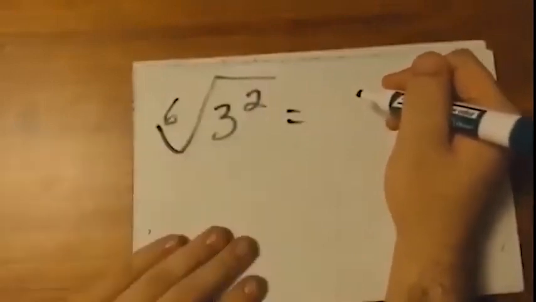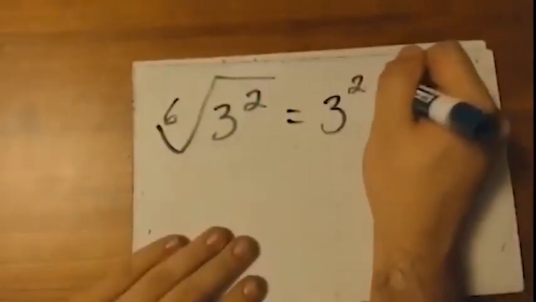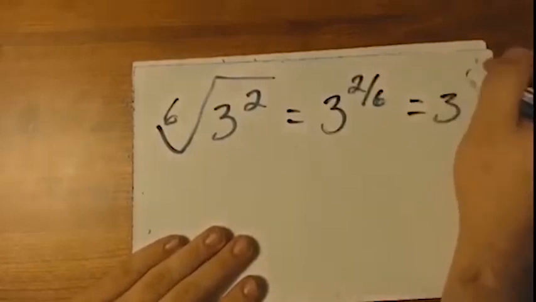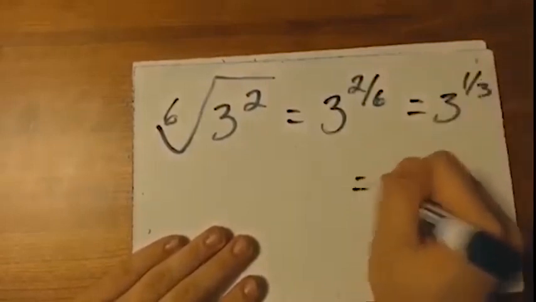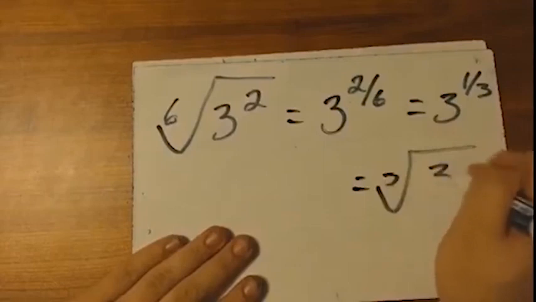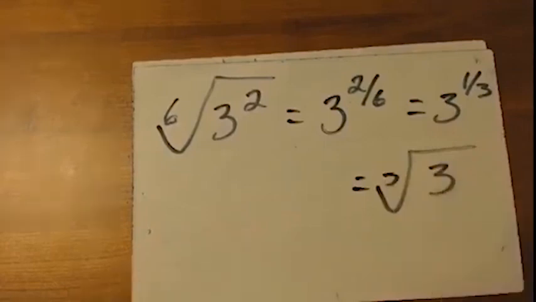So we have the 6th root of 3 squared. We write this power over root. We simplify the fraction, which shows us that this is the cube root of 3.